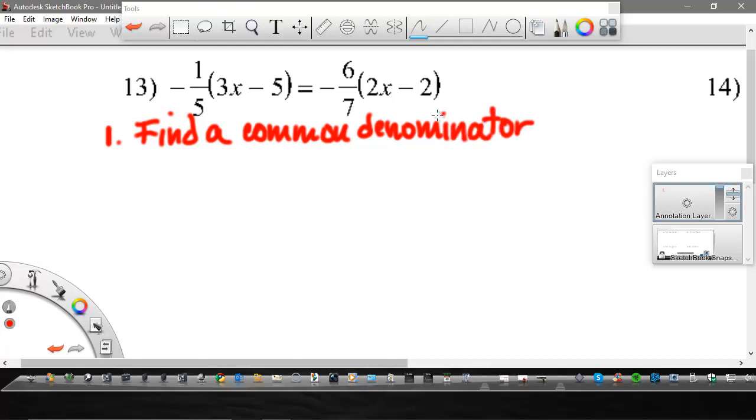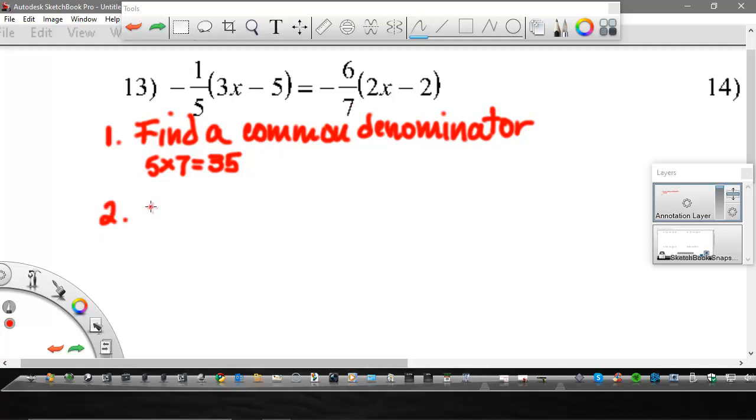The common denominator is, we take these two denominators together and we multiply them, and whatever we get is the common denominator. So 5 times 7 will be 35. So I want to rewrite this coefficient right here using a 35 in the denominator, and I also want to do it to a negative 6 over 7. And I'm pretty sure we've done this problem in class.